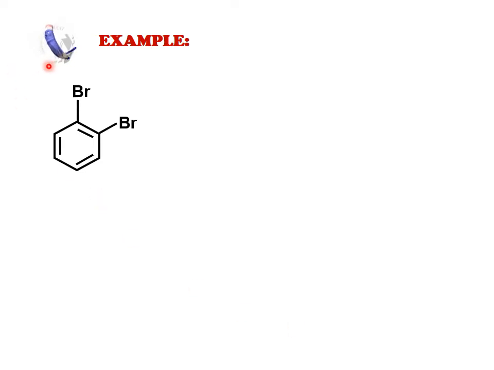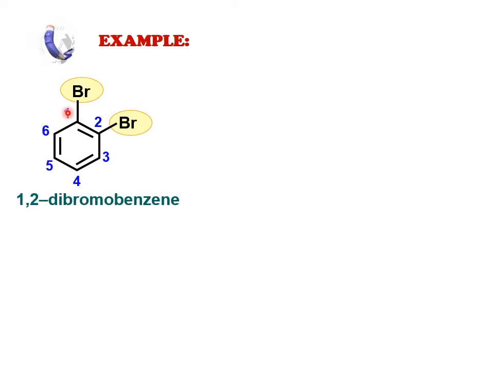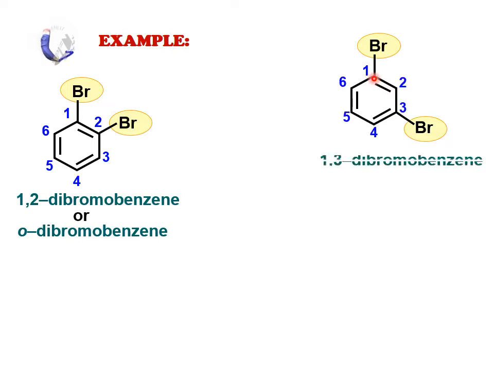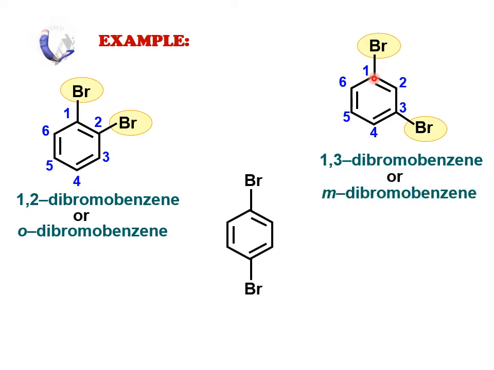Now let's look at this example. We have 2 bromine attached to the benzene ring, at carbon number 1 and 2. So the IUPAC name can be 1,2-dibromobenzene, or we can also use o-dibromobenzene. When the positions are at carbon 1 and 3, it will be 1,3-dibromobenzene or m-dibromobenzene.